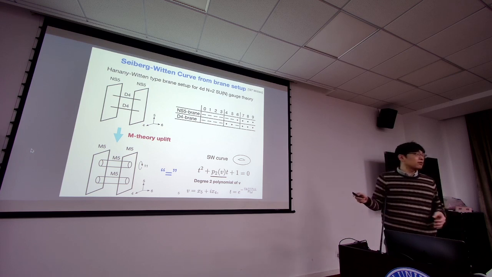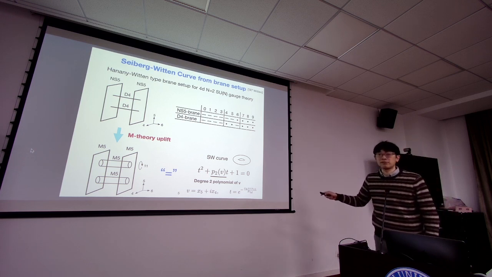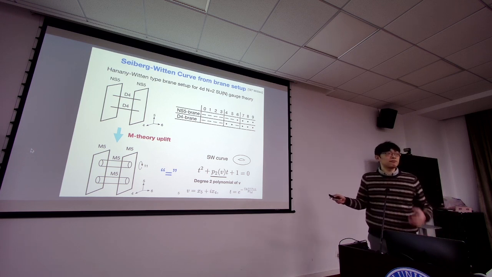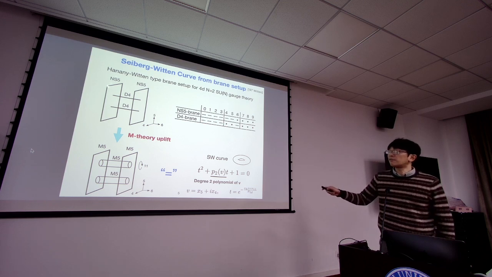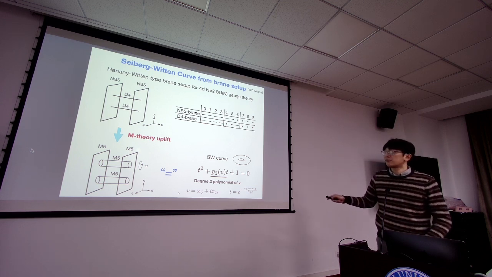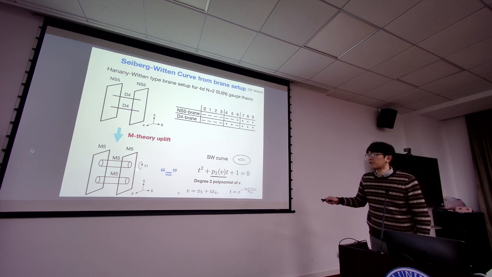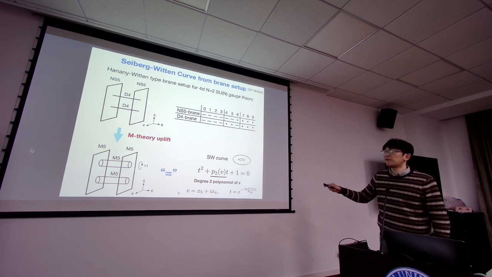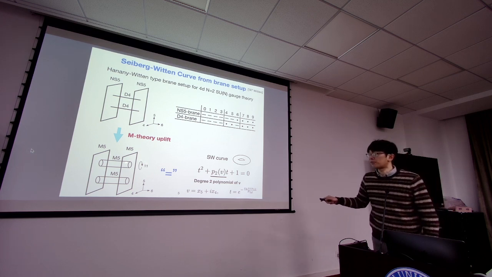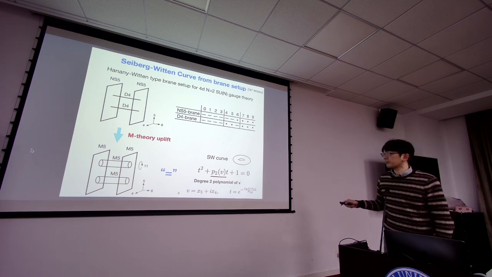The point of finding the Seiberg-Witten curve is to uplift this setup to M-theory. When we uplift to M-theory, both the NS5 brane and D4 brane become M5 branes. An NS5 brane is an M5 brane which does not wrap the M-theory circle direction, and a D4 brane is an M5 brane which wraps this M-theory circle direction.